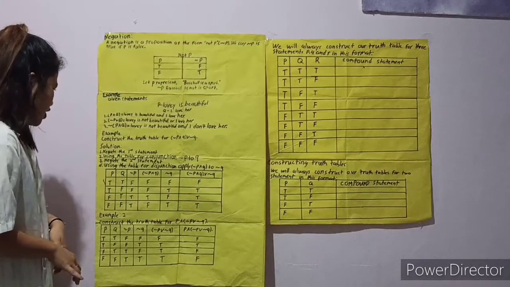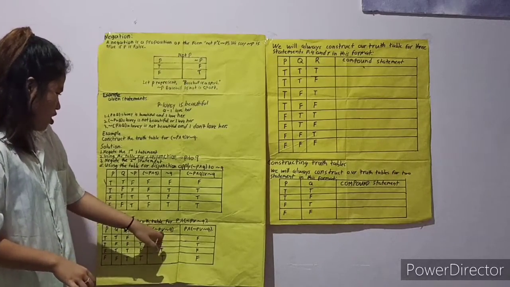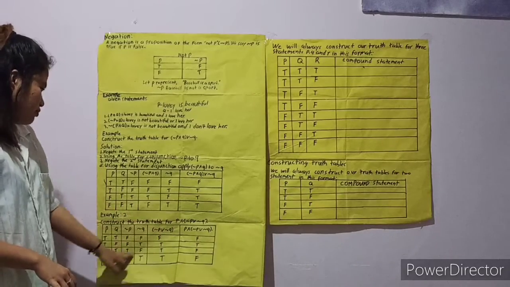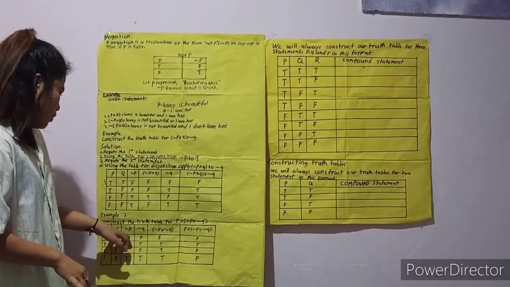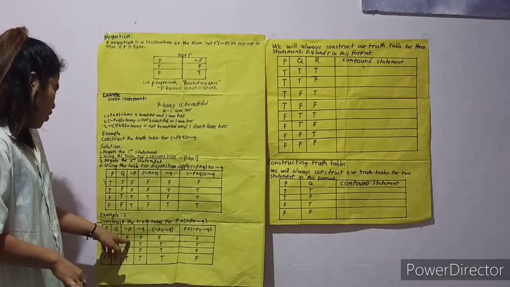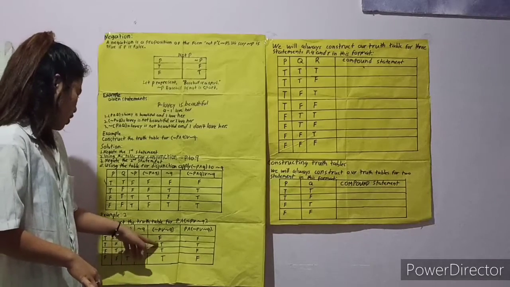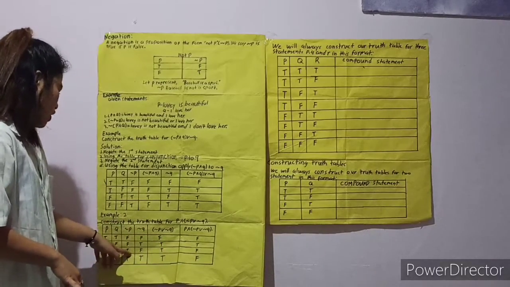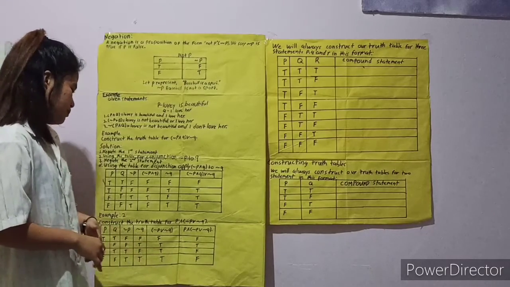Next, using the table for conjunction, this one and then this one, false and false become false, false and true become true, true and false become true, true and true become true.